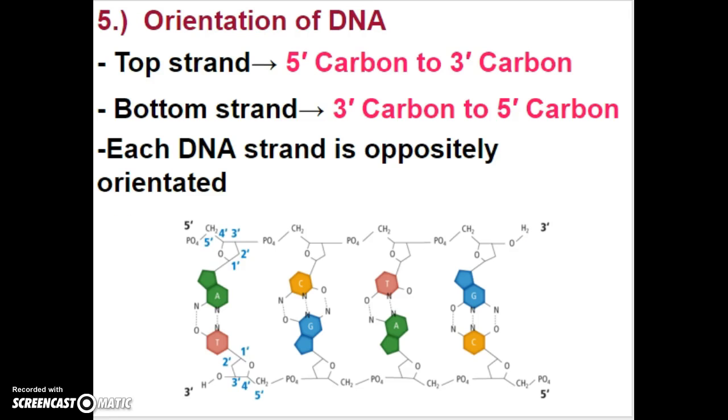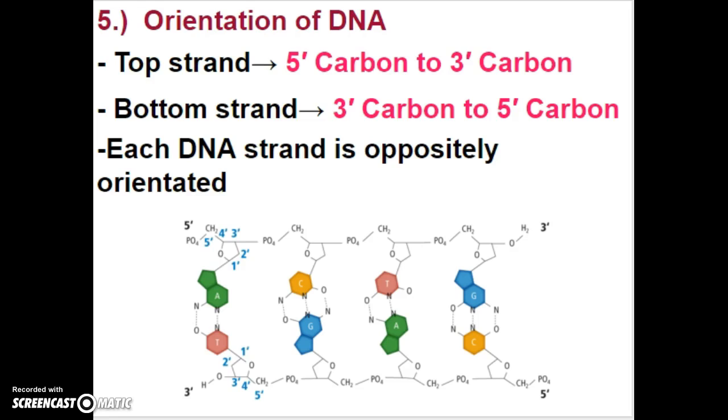Now, in order to get all of these adenines and thymines and cytosines and guanines together, the orientation of the backbone needs to be in a certain order. In carbon chemistry, we can label and number our carbons.